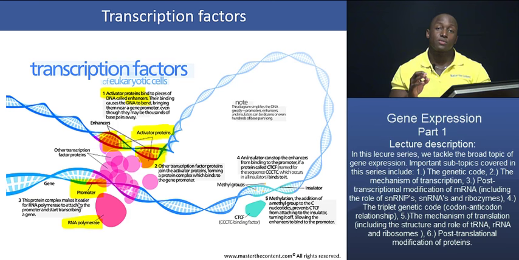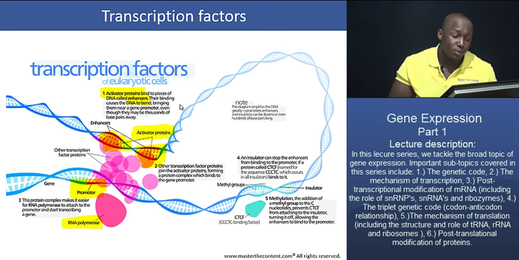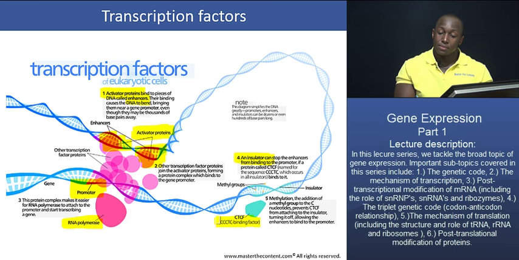It's important to know that transcription can also be regulated negatively, or in the negative sense. We have other proteins that we call insulators. Now, what an insulator does is that it will bind to another protein that we call CTCF, or CTC binding factor. I'm talking about this protein right here.